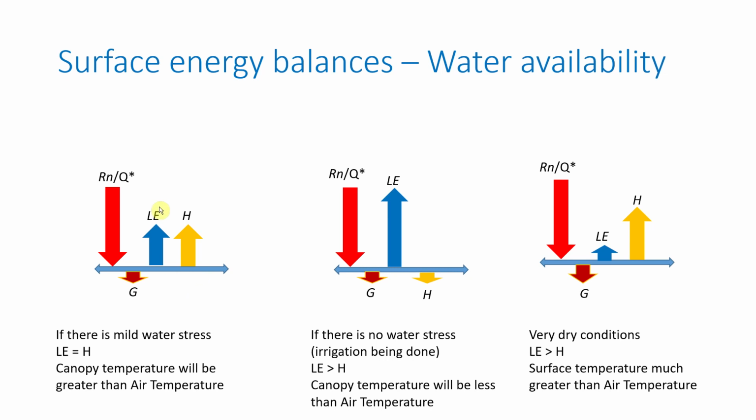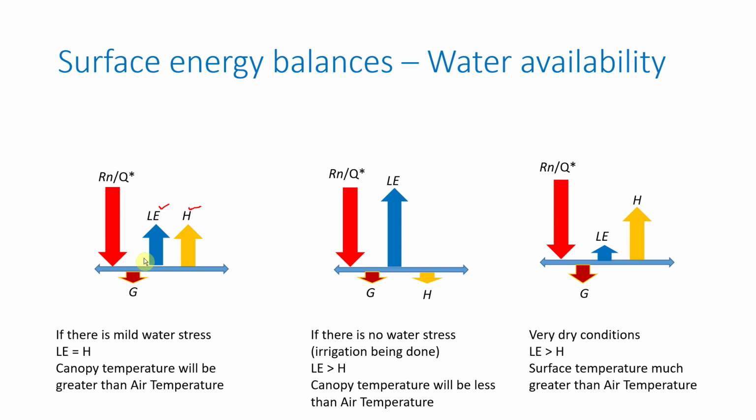The 2 things, latent heat and sensible heat. That makes sense because there will be different amounts of evaporation in different conditions. So we will have different contributions of latent heat and sensible heat in our net radiation.